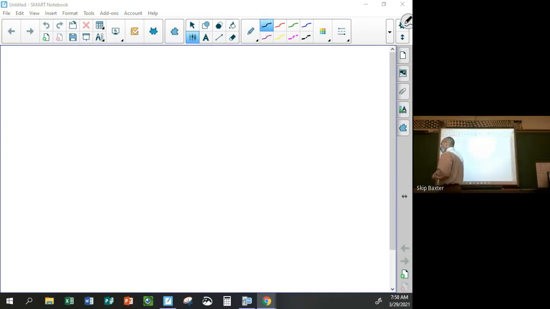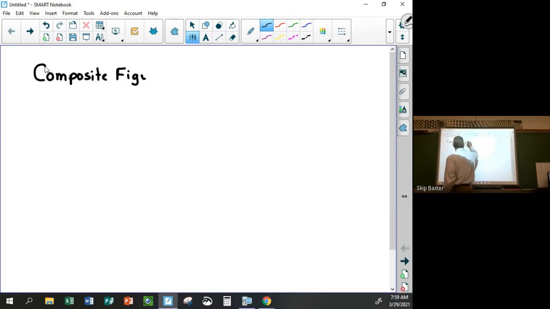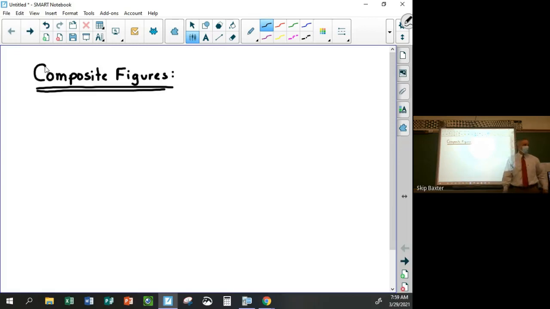So today, this is the last day of new material before the test. We're going to talk about composite figures. So this whole unit has been about area of geometric figures. So a composite figure is just a complicated figure that can be broken up into simple pieces.